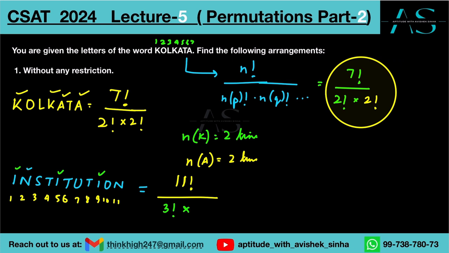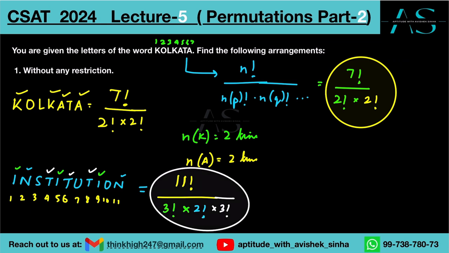N is repeating 2 times. 2 factorial. Is there anything else that is repeating? Yes, T. T is repeating 3 times. Is there anything else that is being repeated? No. So that is my answer for the number of arrangements when we have repetitive elements or alike elements.